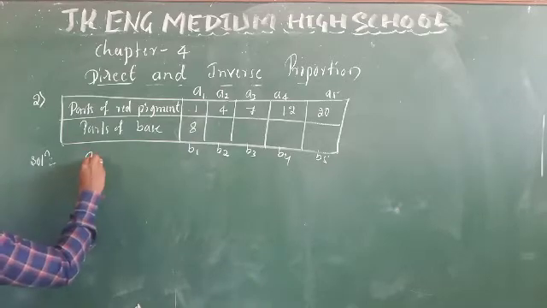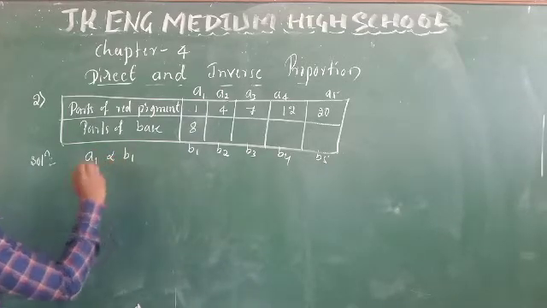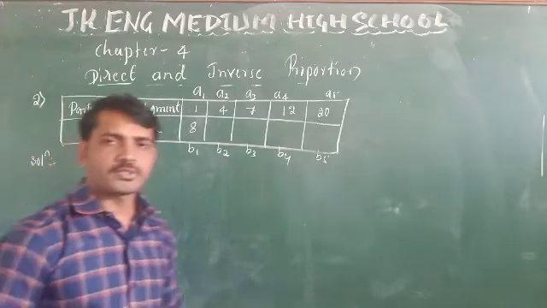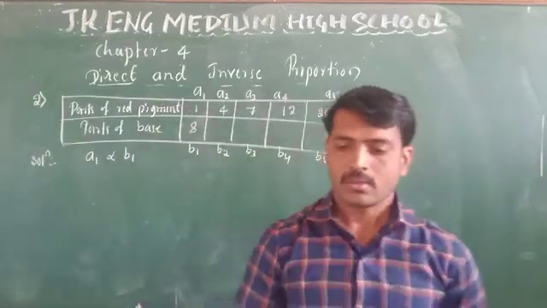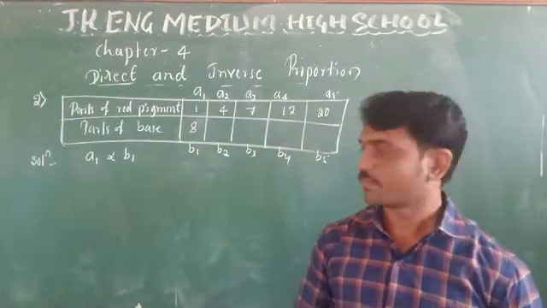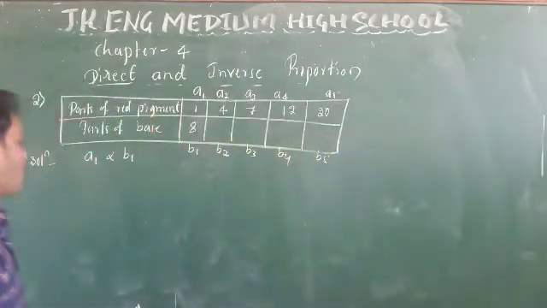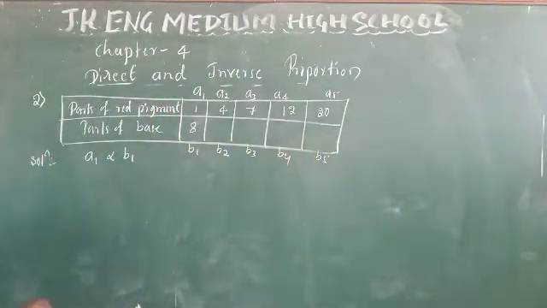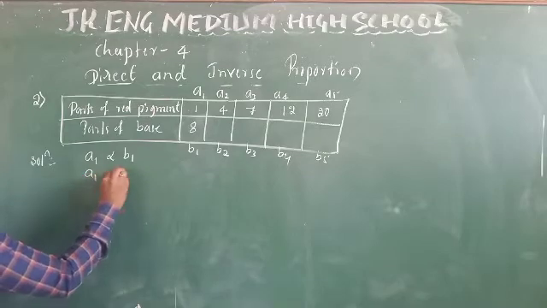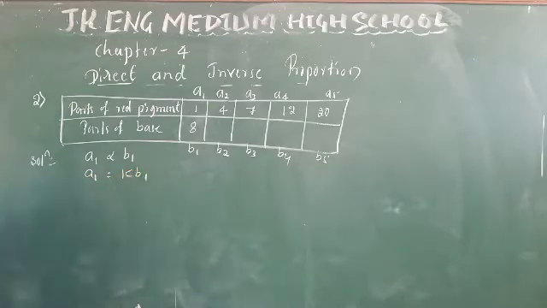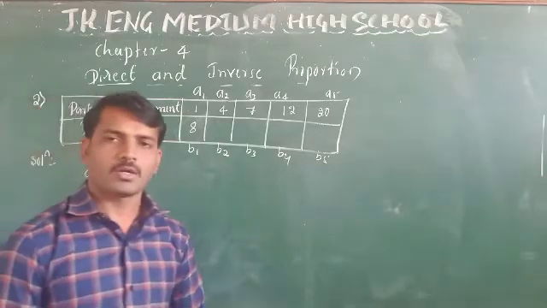Solution: A1 is directly proportional to B1 because the condition is under the direct proportion. That's why A1 is directly proportional to B1. A1 is equal to K B1. K is the proportionality constant.